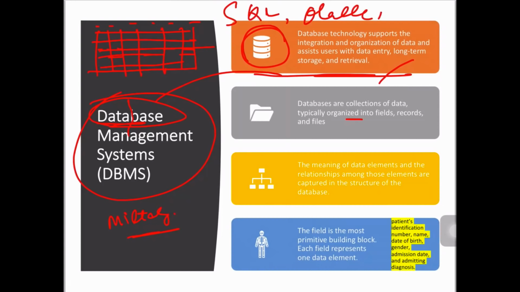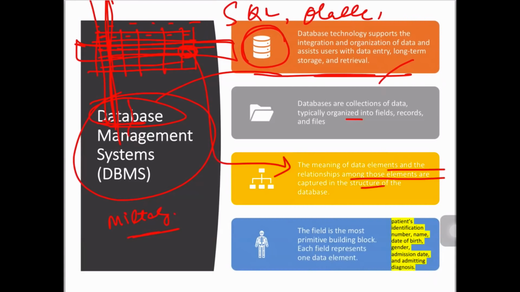What are these called? These are called columns. This is a column and this is a row, and this box is called a data field or data element, right? So the meaning of data elements and the relationship among these elements are captured by the structure of the database.